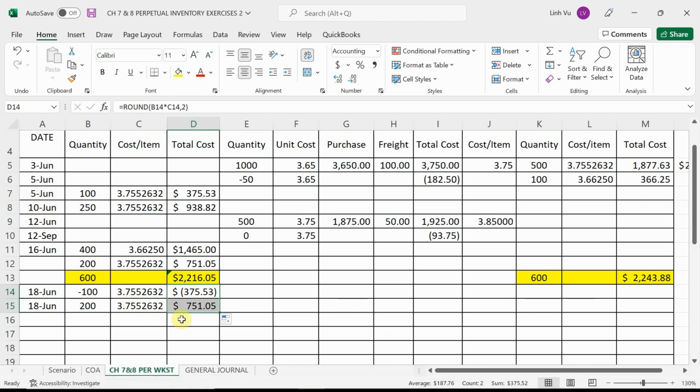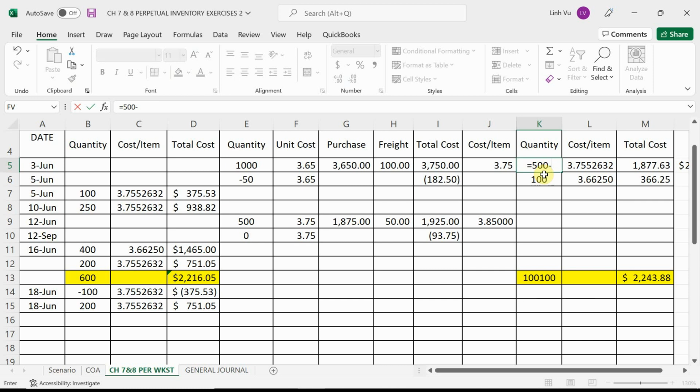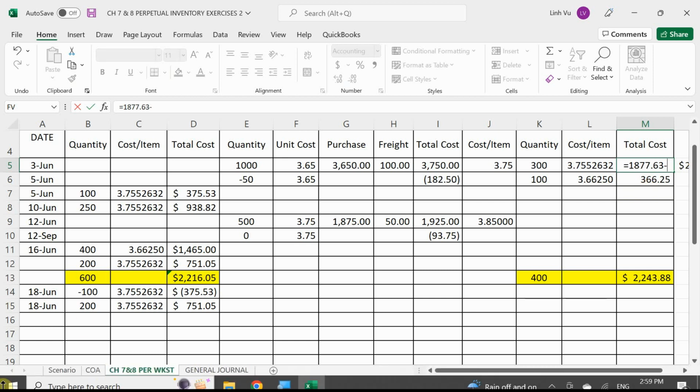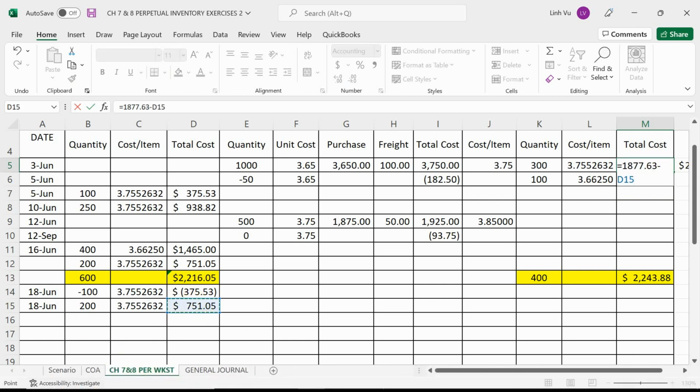200, okay? So 751.05. So now let's adjust my inventory because I no longer have 500, right? I have 300 left. If I'm at 1877.63, is that right? Okay, 1877.63 minus $751.05.